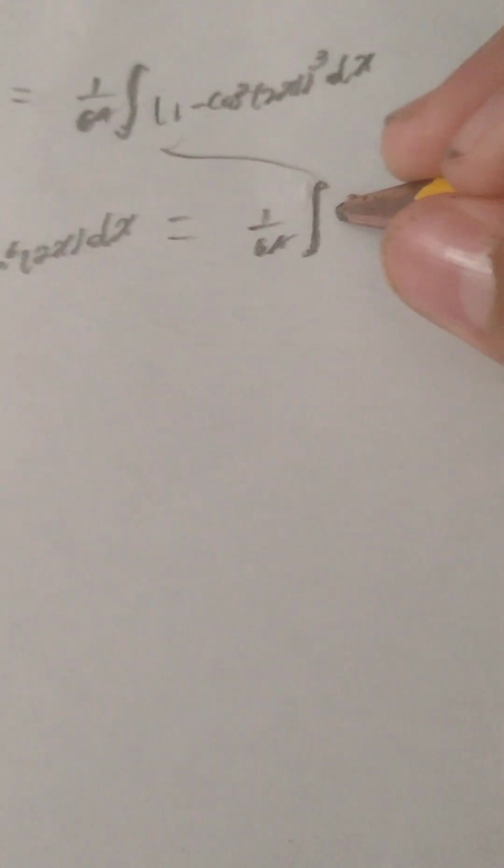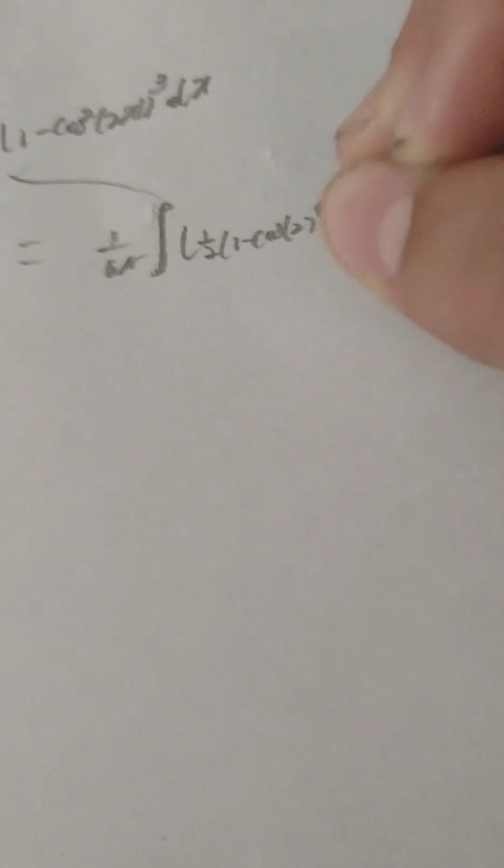We can use the power reducing formula for trigonometry once more. 1/2 times 1 minus cos 2x to the power of 3 with respect to x.